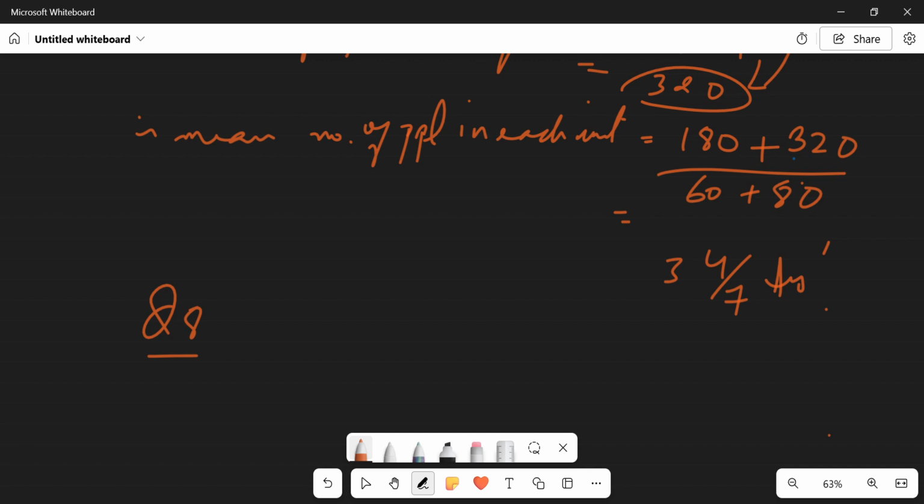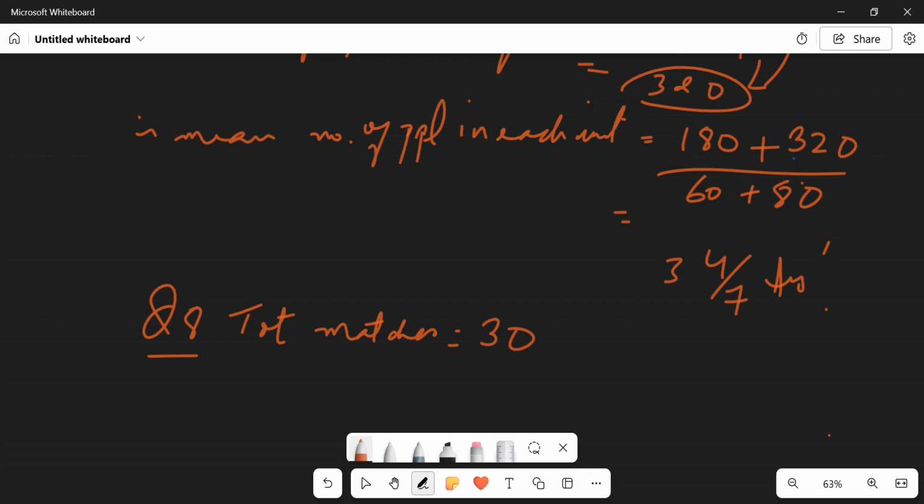Question number 8, first of all, total matches: 6 plus 8 plus 5 plus 6 plus 2 plus 2 and then 1. When we add all of them, the total matches are 30.